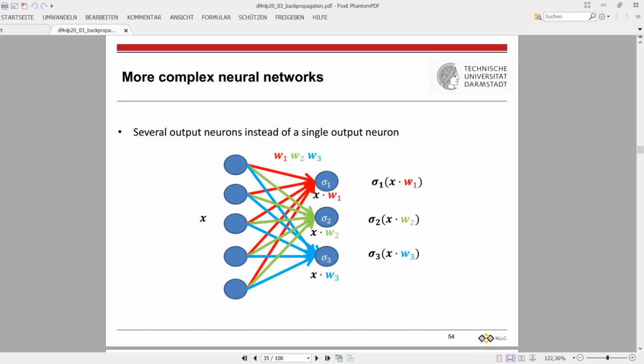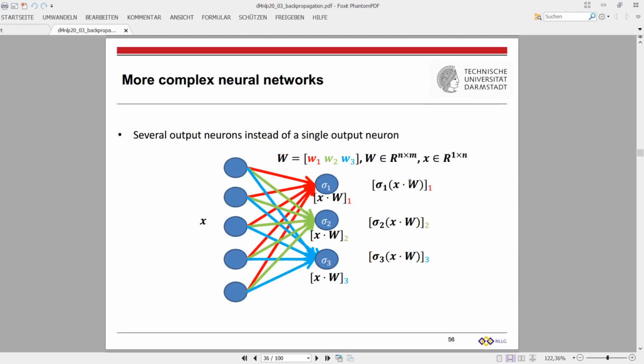We apply the activation function, and then we can form a matrix from these individual weight vectors, capital W, and this W lies in R to the n times m, where n is the dimensionality of the input and m is the dimensionality of the output, the number of output units.